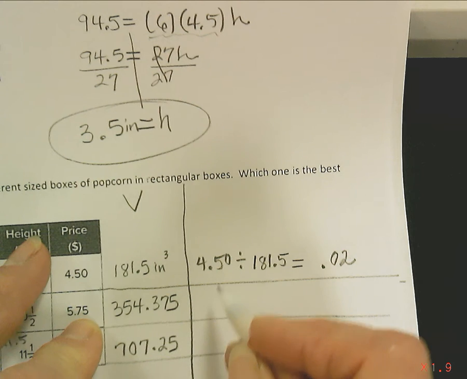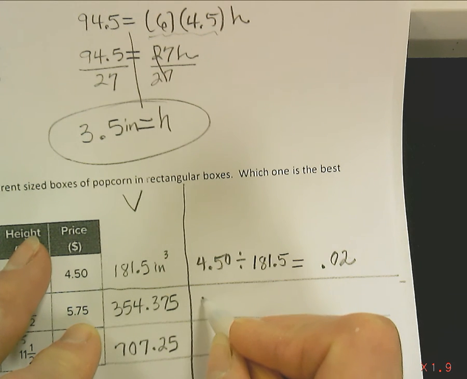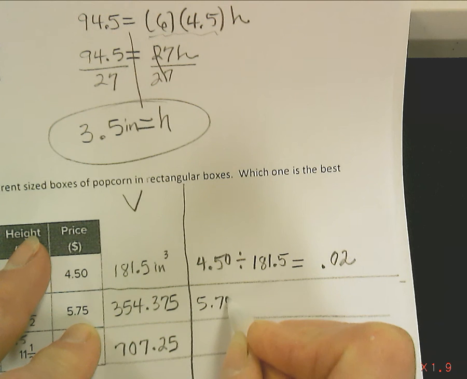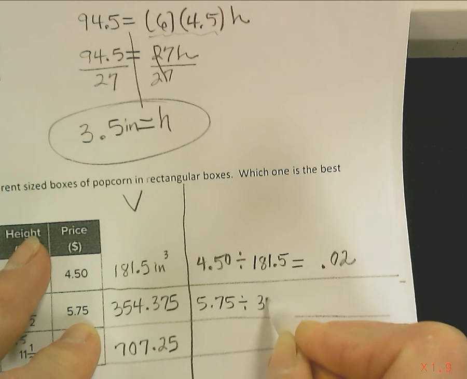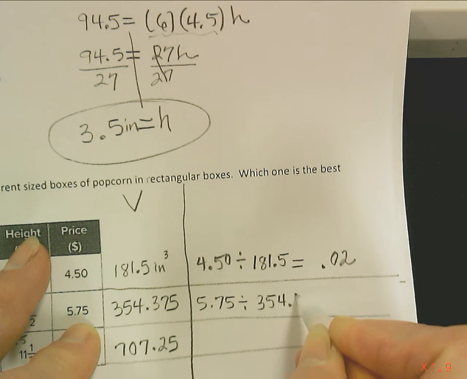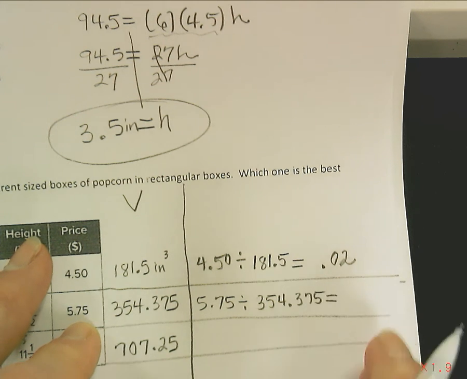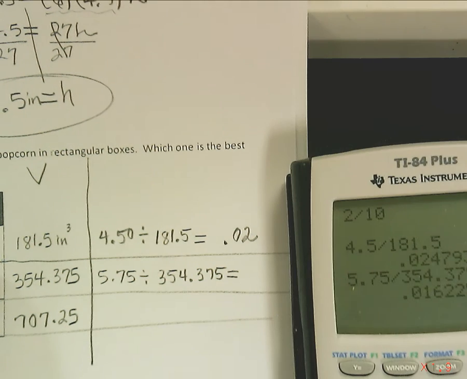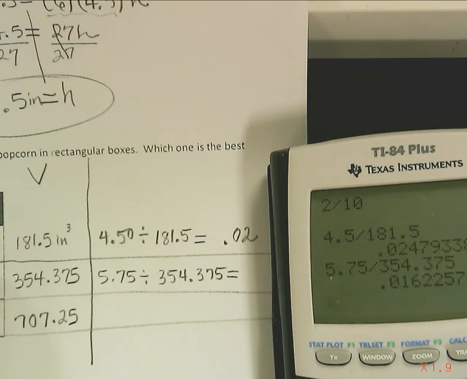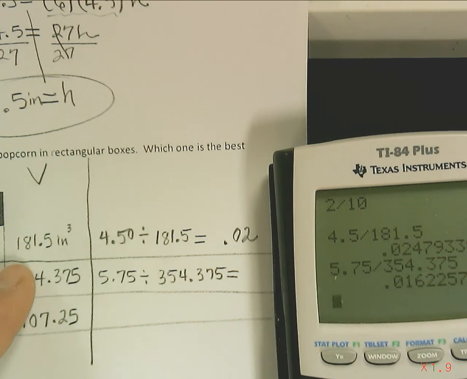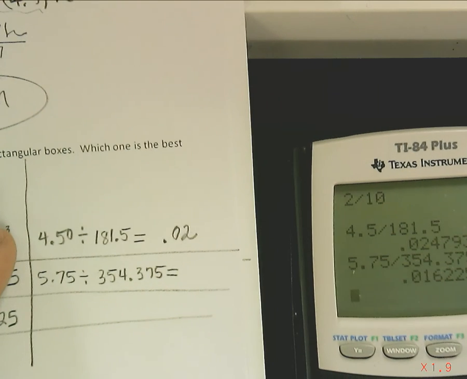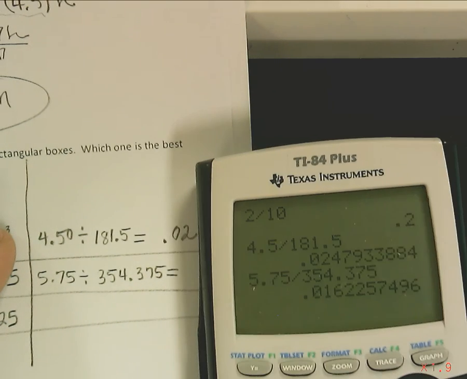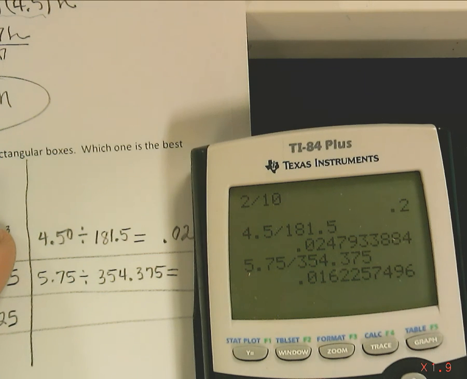All right, so let's take the medium. It's $5.75 divided by 354.375 cubic inches. How's that going to round off? 2 cents.